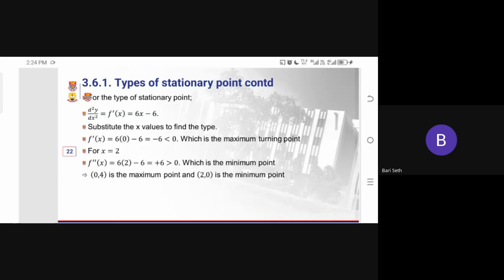And +6 is greater than 0. So for that particular point, we are going to have a minimum turning point. So when we have the stationary point (0, 4), it will have a maximum point. And when we have the stationary point (2, 0), we would have a minimum turning point.